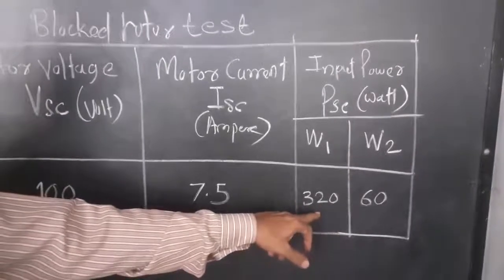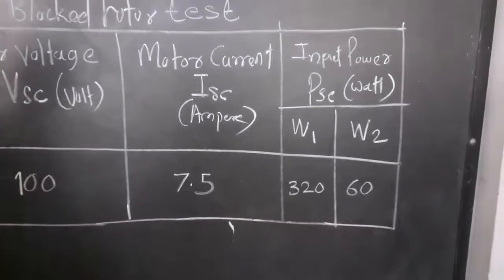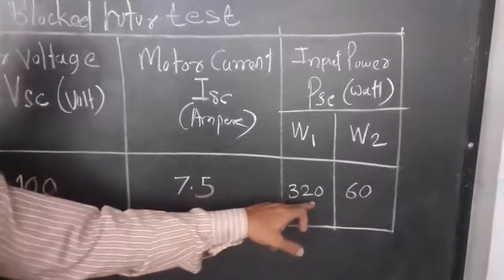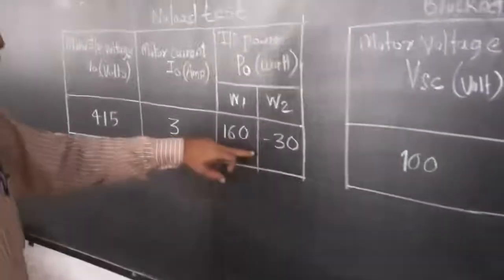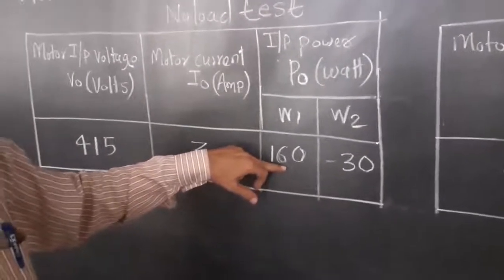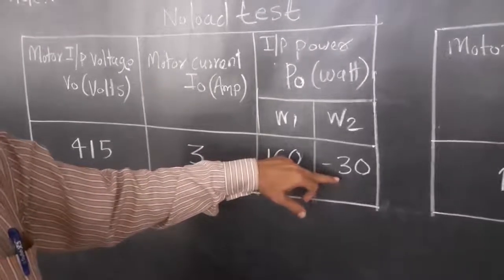So the total power in the short circuit block rotor condition is 320 plus 60, that is 380 watts. So 380 watt represents the copper losses of the motor, while the no load input of 130 watt represents our no load losses, that is iron loss plus mechanical losses.